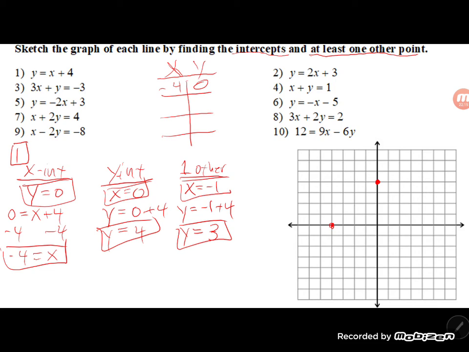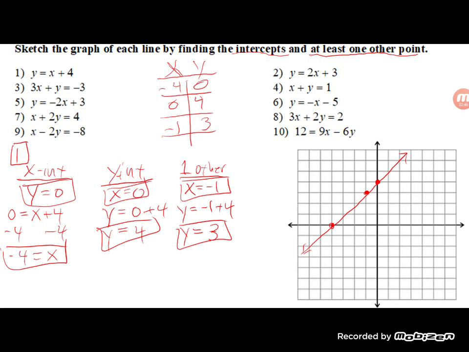So when x is equal to -1, y is equal to +3. I've been graphing these points, but I haven't been putting them in my table. Let me also put them in my table. I have -1 and 3, and I have 0 and 4. I put this on the graph, and it looks like this. And that's good, right? I see these 3 points, they line up to make a line, and that looks good, right? It's a line.